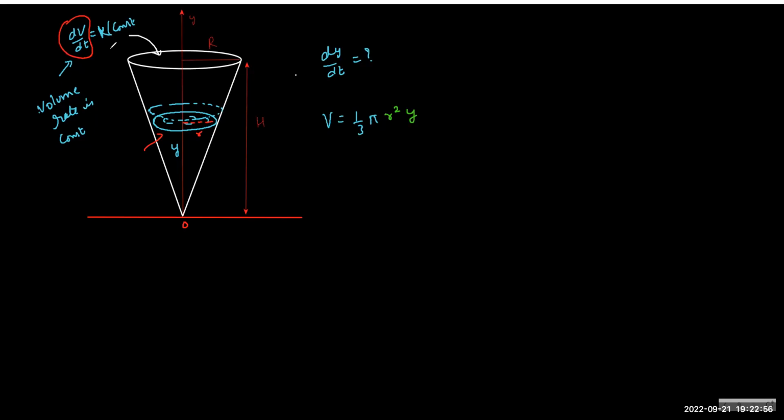Tell me, guys, how to link small r with y? Can we use trigonometry? Yes, of course. We can assume an angle and relate r and y by tan.